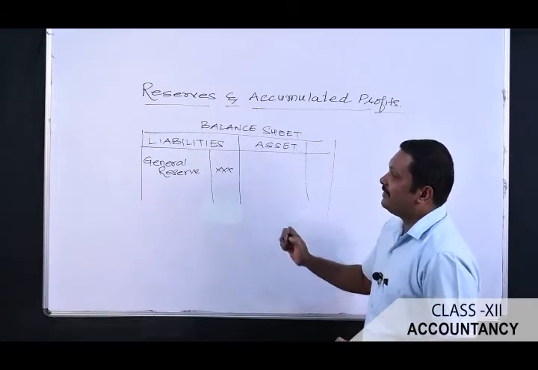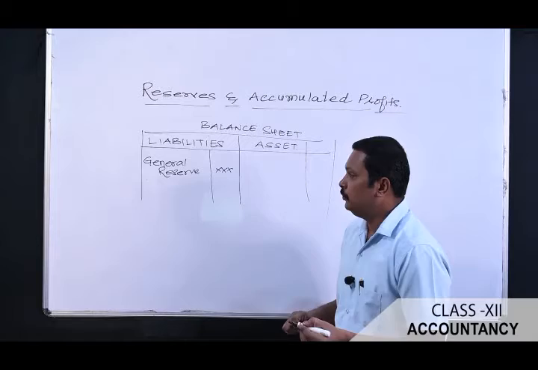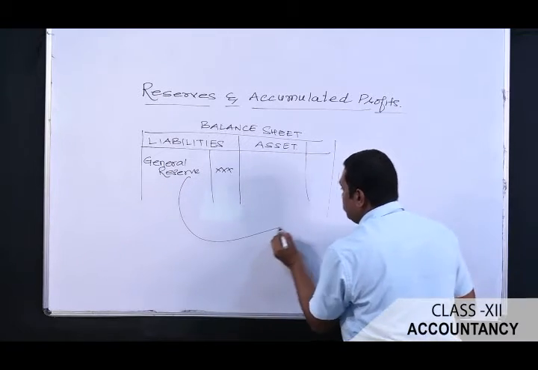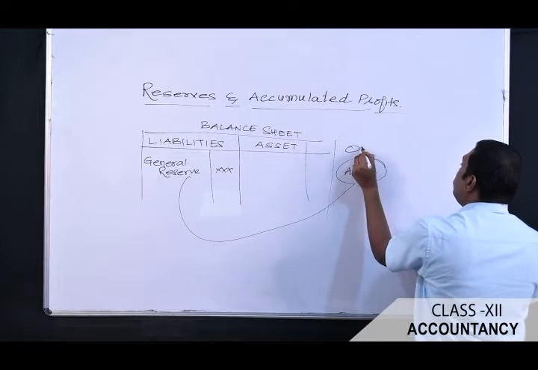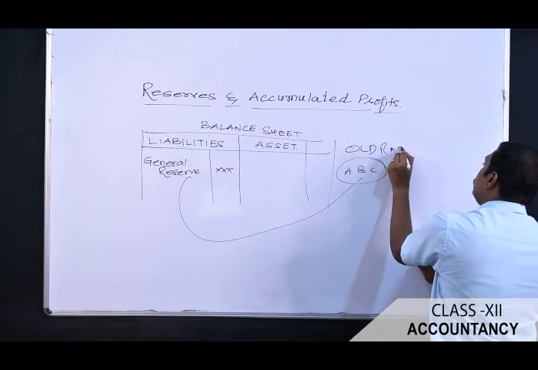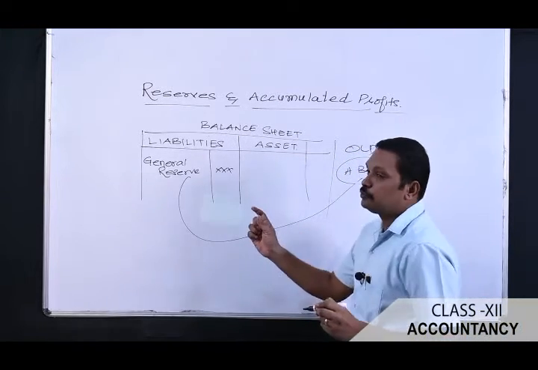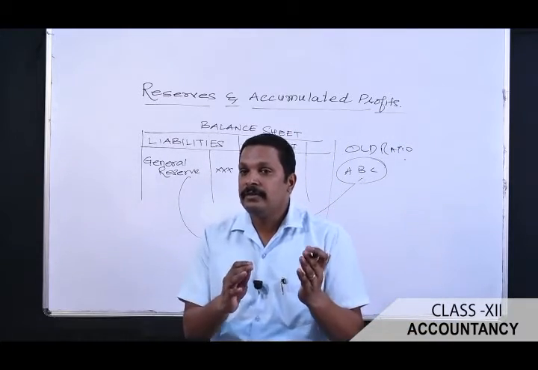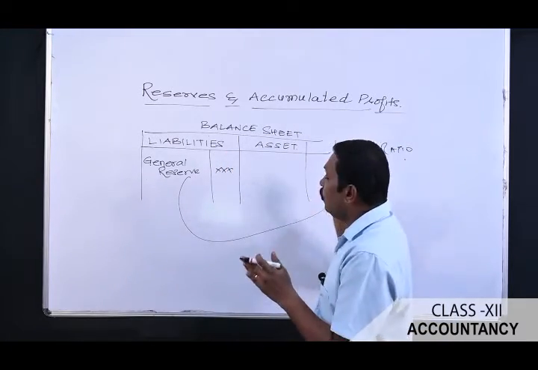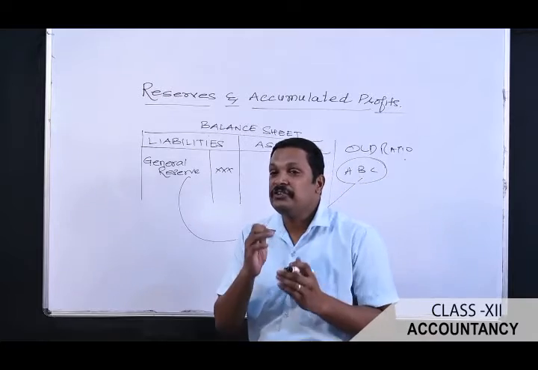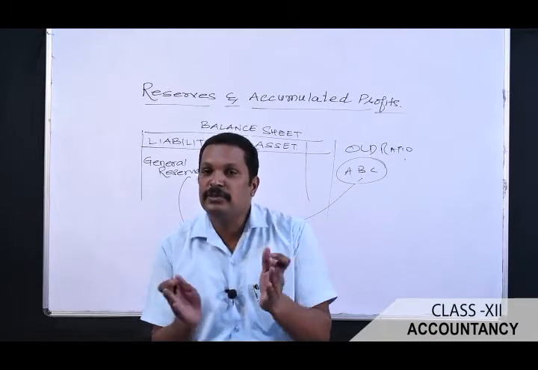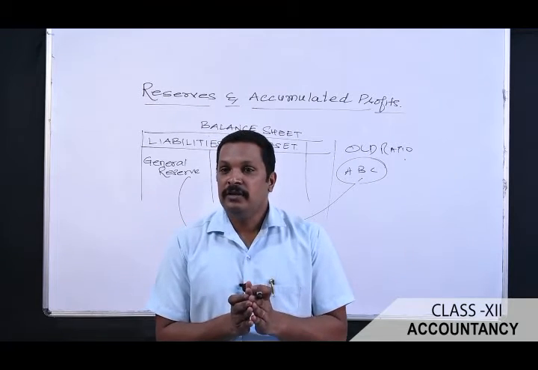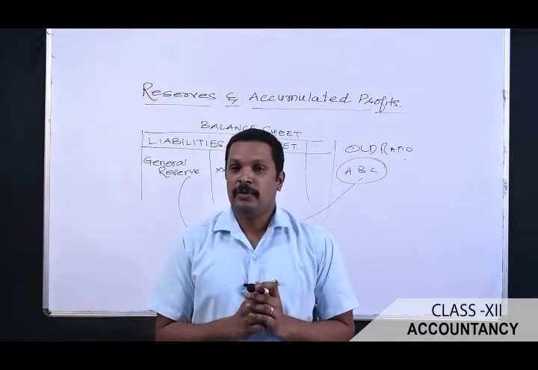So when there is a change in profit sharing ratio, then these amounts should be distributed among the partners in the old ratio, क्योंकि this money belongs to the partners and they got the profit in the old ratio itself. So we have to distribute the reserves and accumulated profit in the old ratio itself.